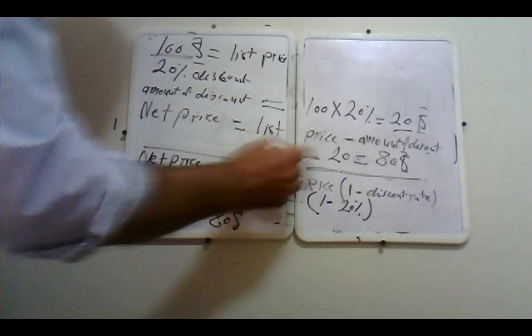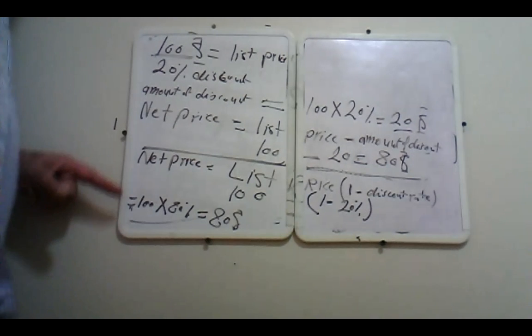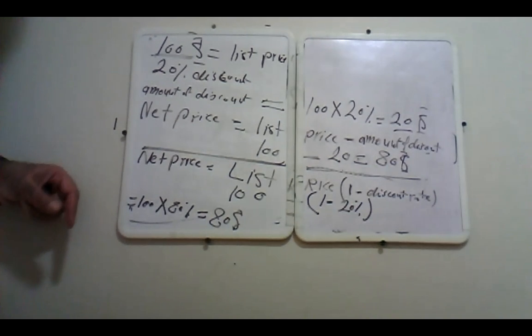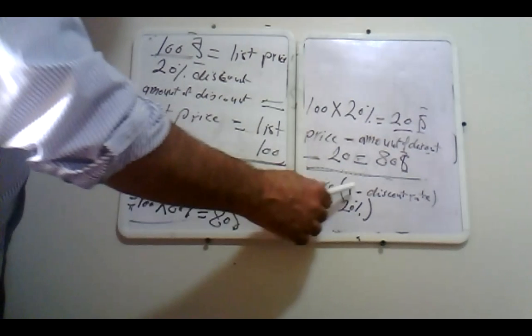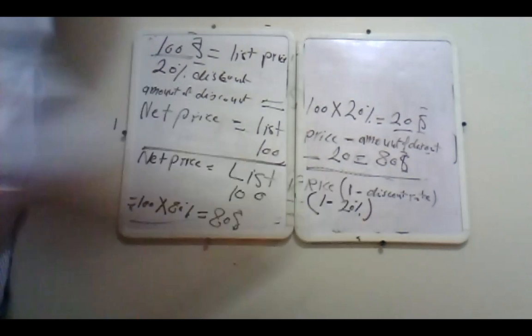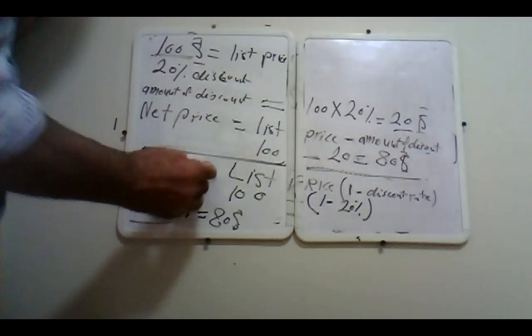After this line, I made another alternate, where I can do the two steps in only one step: the net price equals the list price multiplied by 1 minus the discount. Great, that's fine. So I can get it by this rule.